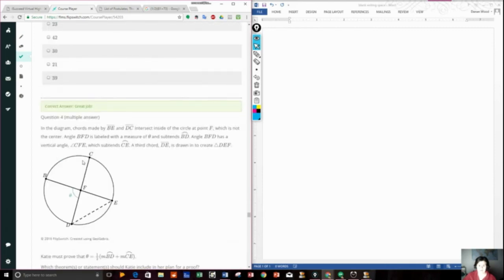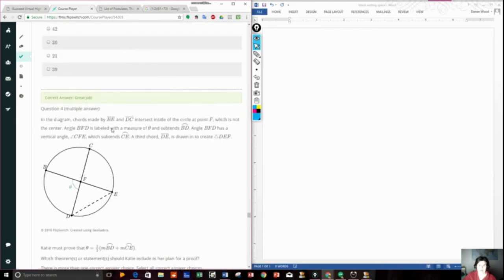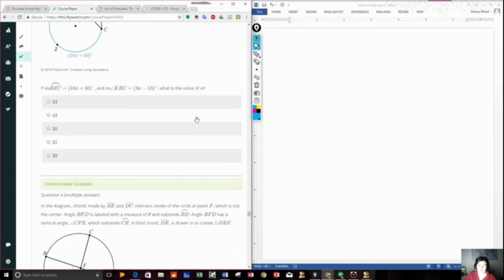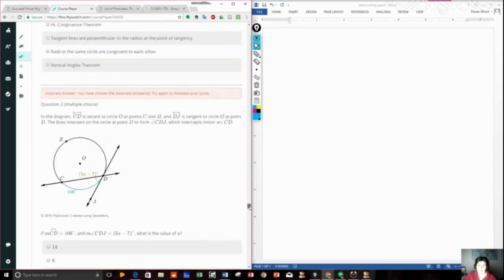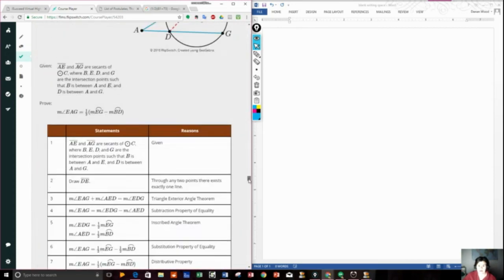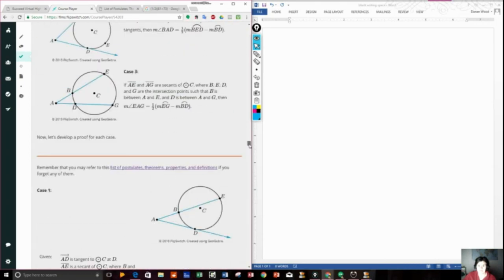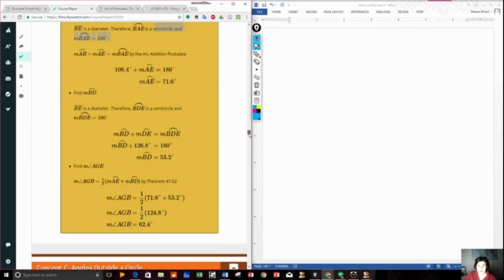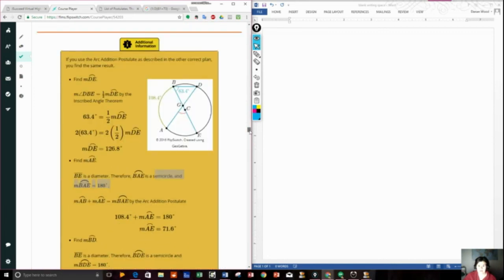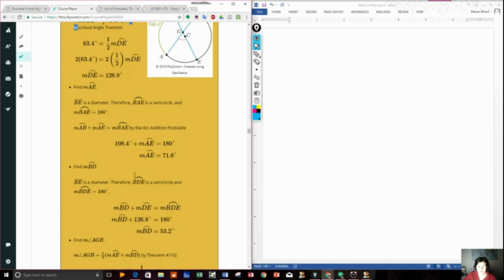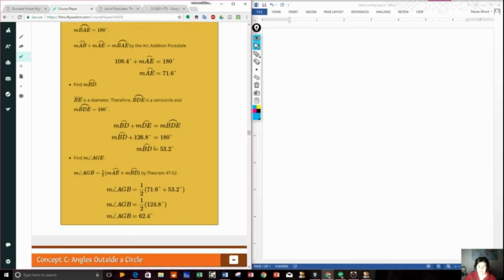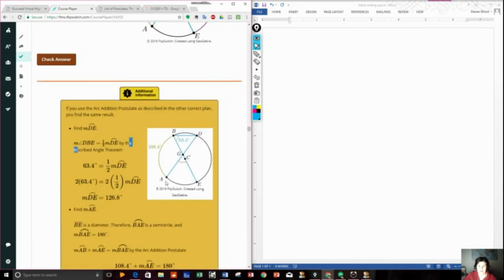so that's how I would go about checking when it asks for a proof. Scroll up, find the diagram that looks like the one that you're trying to prove. And for ours, it was this one, and there's the inscribed angle theorem. And if we scan through here, I'm sure there's not going to be anything about vertical angles, and there's not.